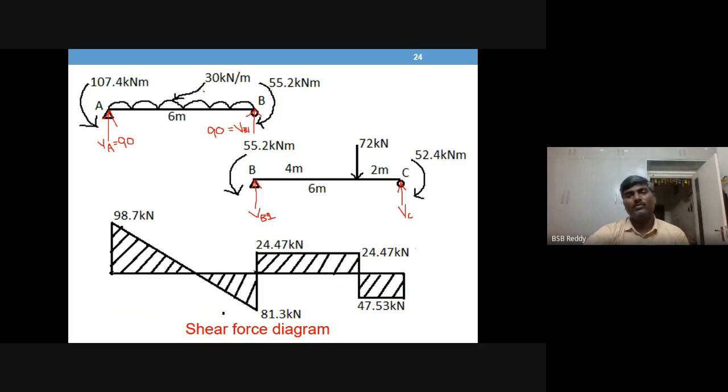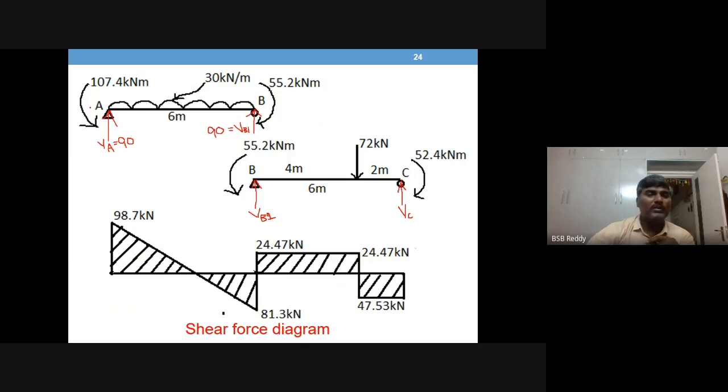So for UDL, the total load is 6 into 30, 180. So half the reaction to one support and half the value to another support. This is the reaction from only UDL. What about moments?